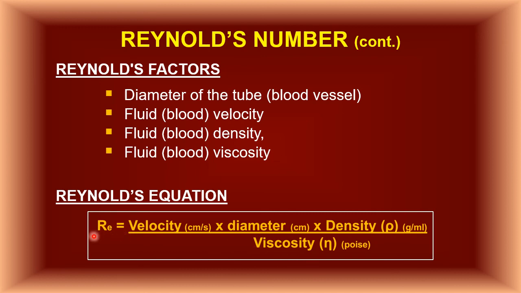We don't need to know the numbers, just know the equation and the factors, and see what is increasing and what is decreasing the Reynolds number. So for example, a higher velocity gives higher chances to get turbulence. Wider diameter, higher chances to get turbulence. Higher density, higher chances to get turbulence. Higher viscosity will lower the chances to get turbulent flow.